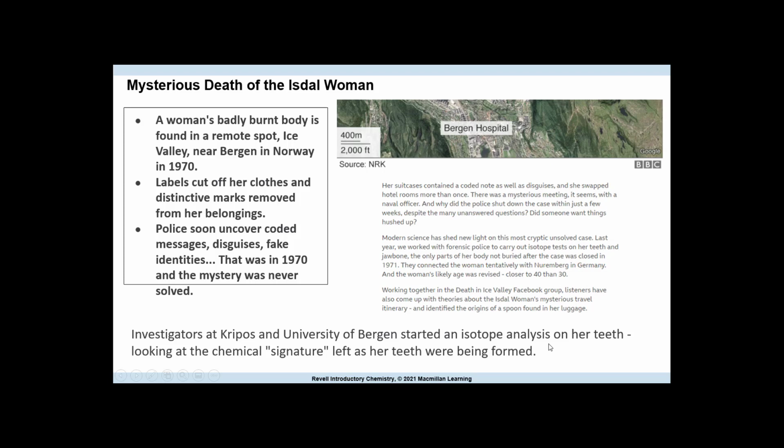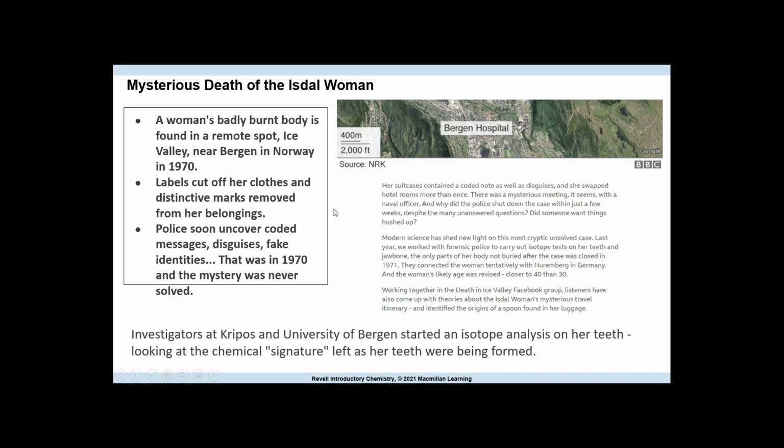They can't figure out who she is, and because of it, it's created more and more interest over the years. Why? Because when they found her body, she was badly burned. She had all the labels cut off all her clothes and shoes and everything else. Any identifying mark that could lead to anything was cut off.